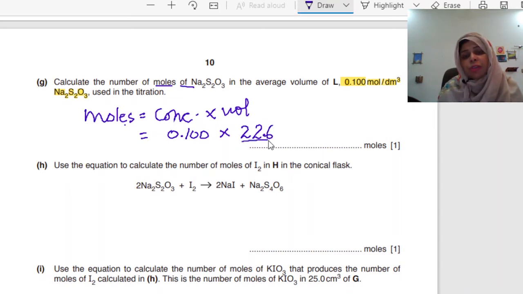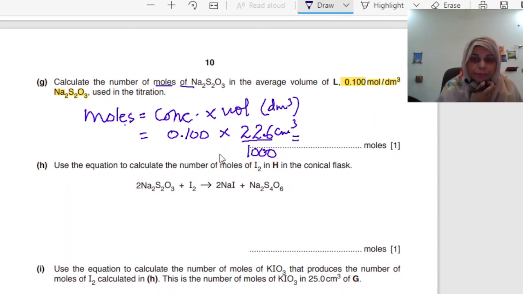Now we are not going to take this value in centimeter cube, we have to convert it into decimeter cube, so we divide it. Why? Because in the formula we need decimeter cube. So we will divide 22.6 by 1000 and multiply by the concentration, and we will get the moles.